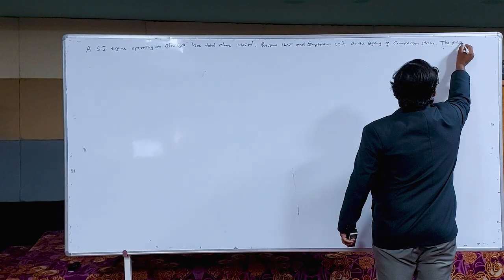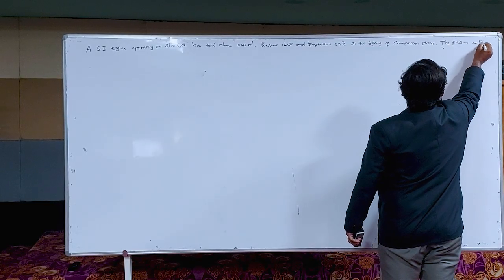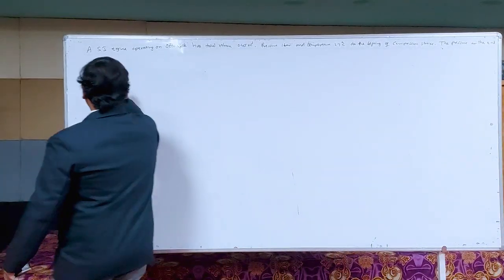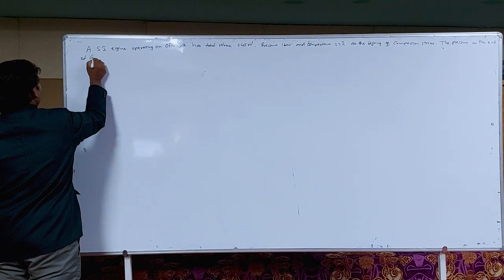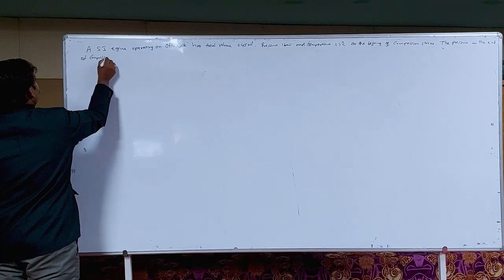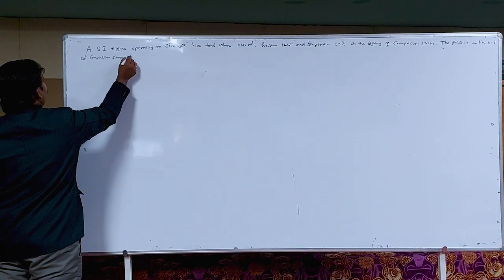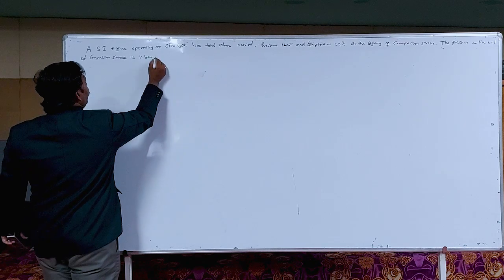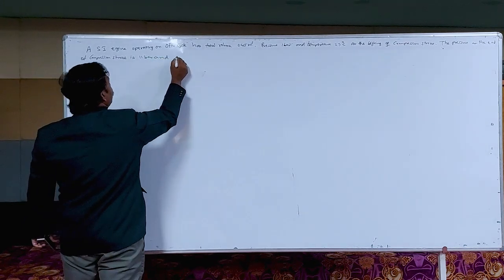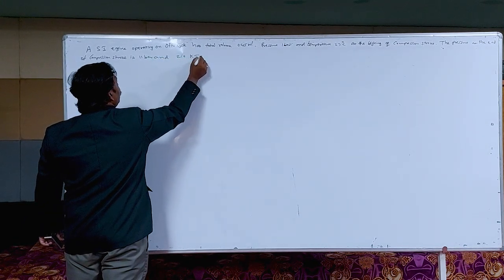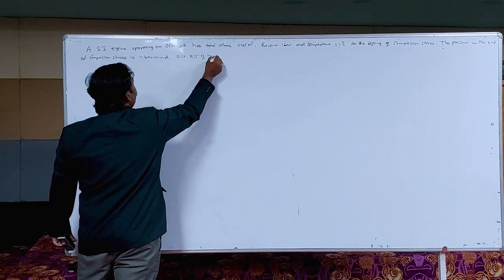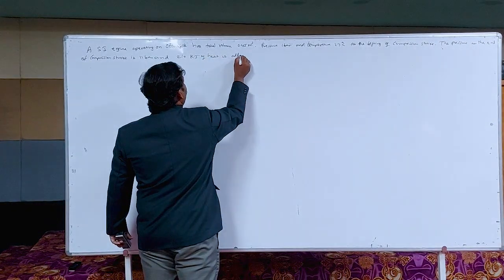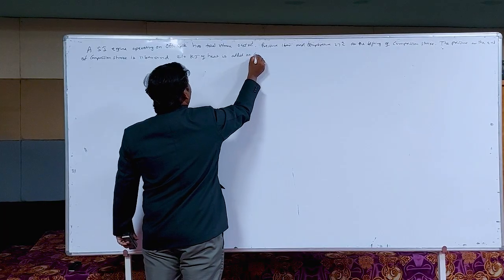The pressure at the end of the compression stroke is 11 bar and 210 kilojoule of heat is added at constant volume.